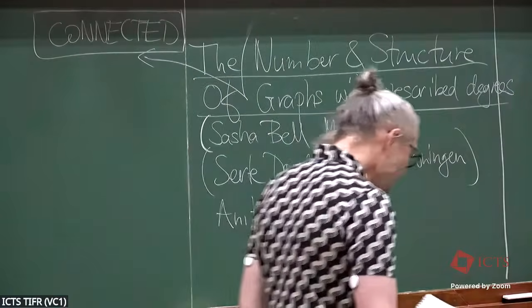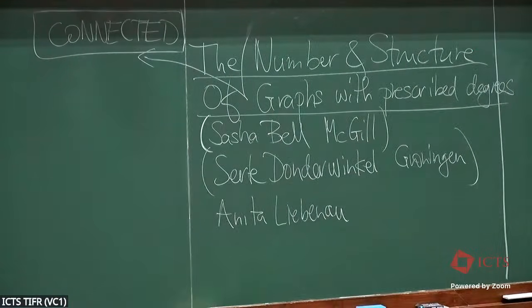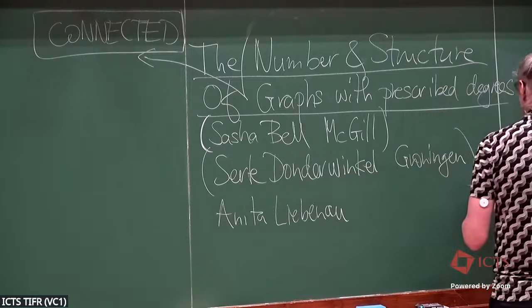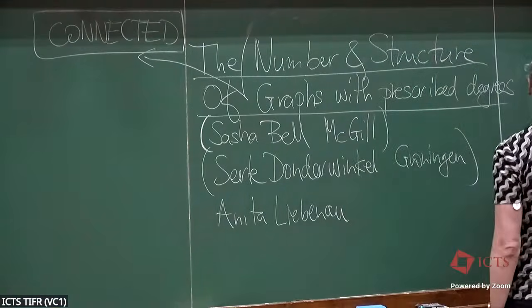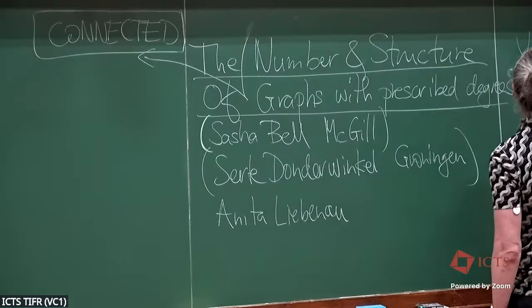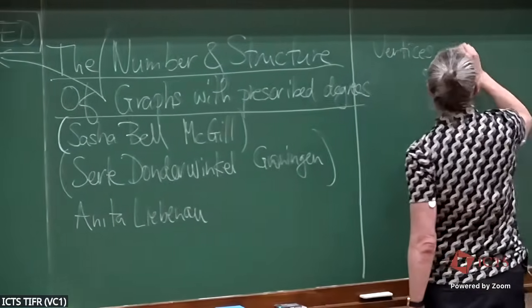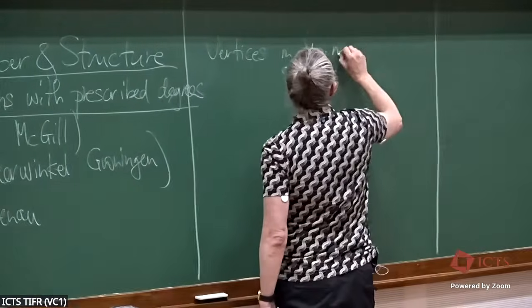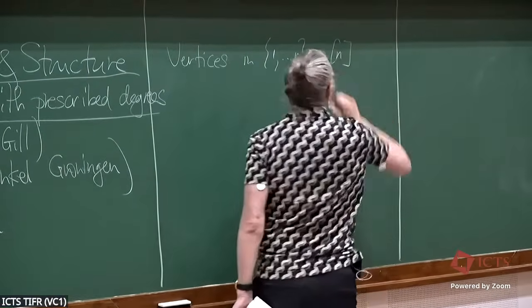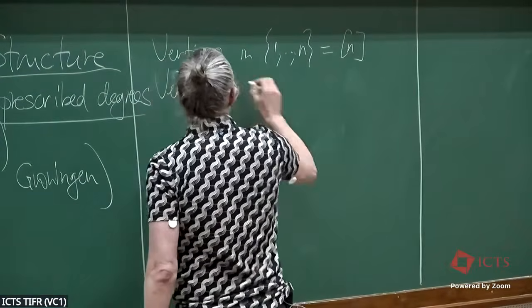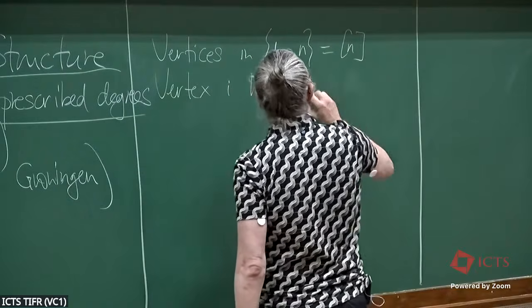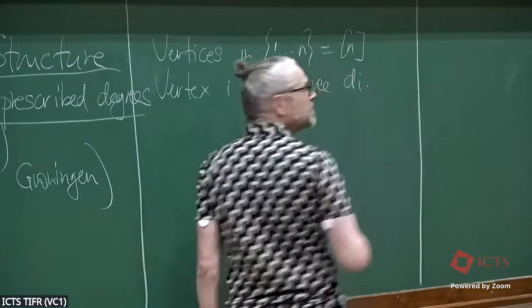And we'll do this in the sparse setting. Let's start writing down some assumptions. I'll have vertices in 1 to n, which I usually denote by [n], and a vertex i has degree d_i.